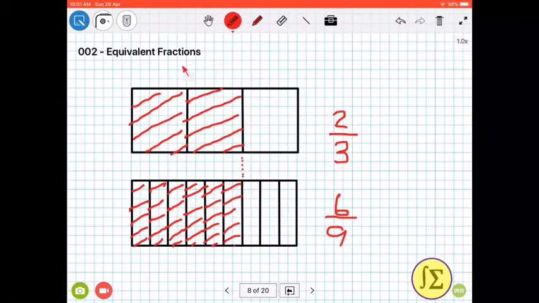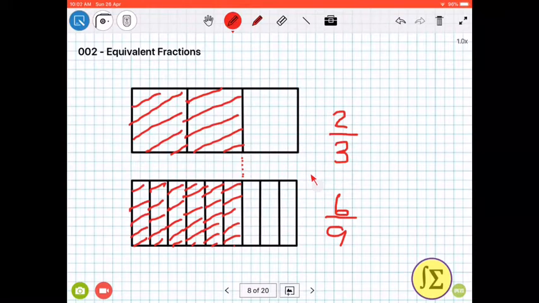So 2 over 3 represented by this shaded area is the same as 6 over 9 represented by the shaded area for the rectangle below. It would be difficult to draw shapes each time to find out whether one fraction is equal to another.